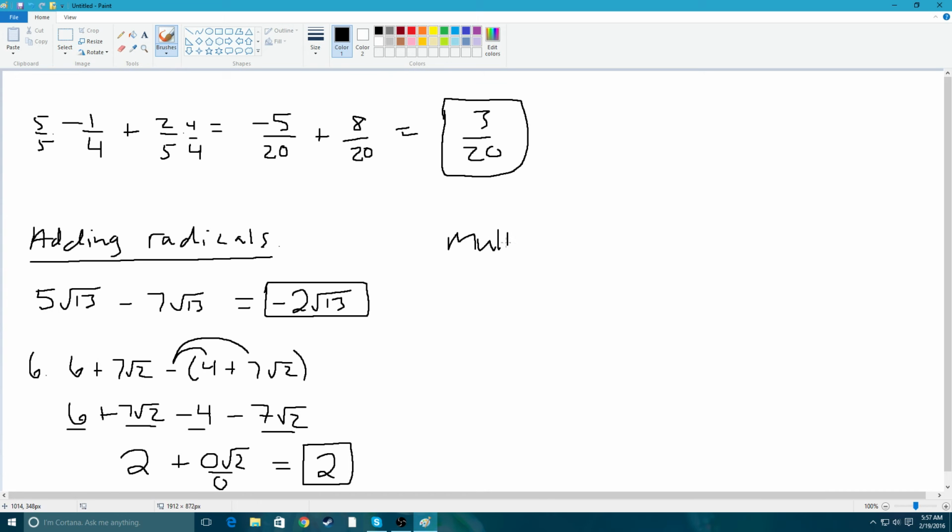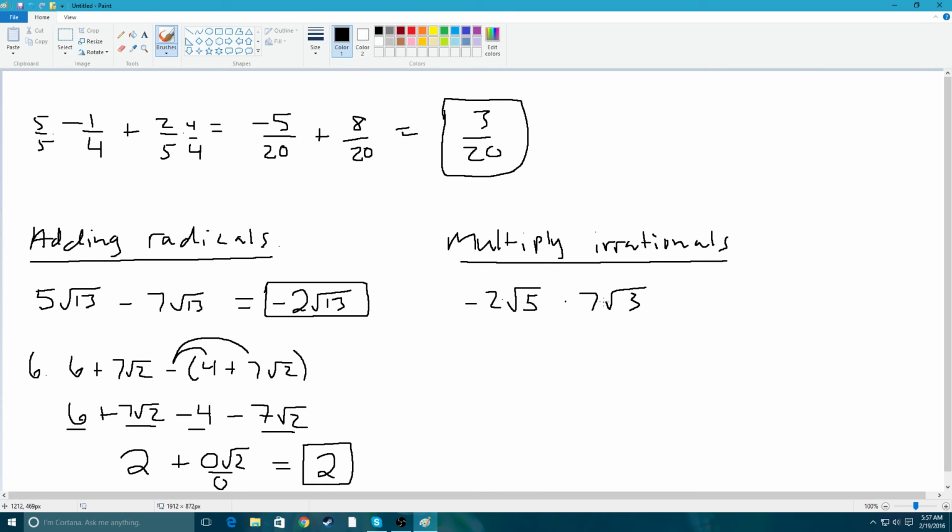Okay. When you multiply irrational numbers, though, really, we just multiply numbers accordingly. So a really good example of this would be like number 12. Number 12 is negative 2 times the square root of 5 times 7 square root of 3.